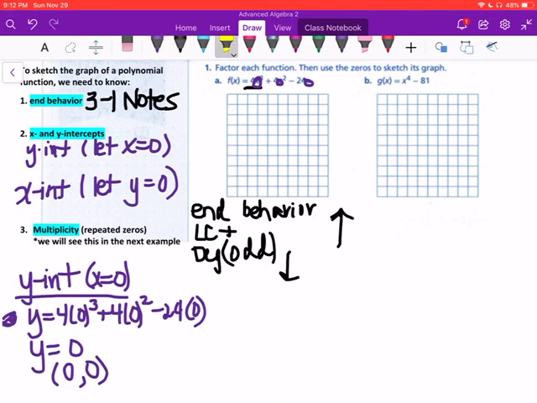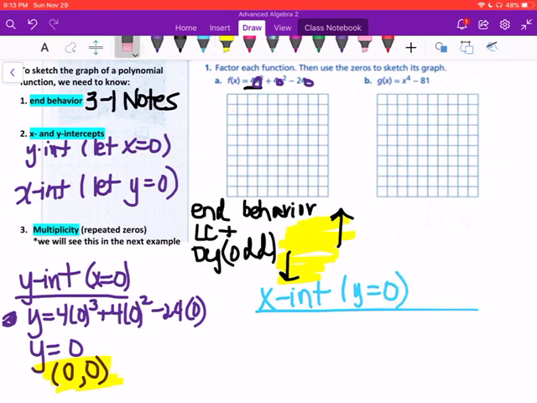Let's highlight what we figured out so far. We figured out our end behavior. We figured out our y-intercept. Now let's find the x-intercept. To find my x-intercept, I need to let the y equal 0.